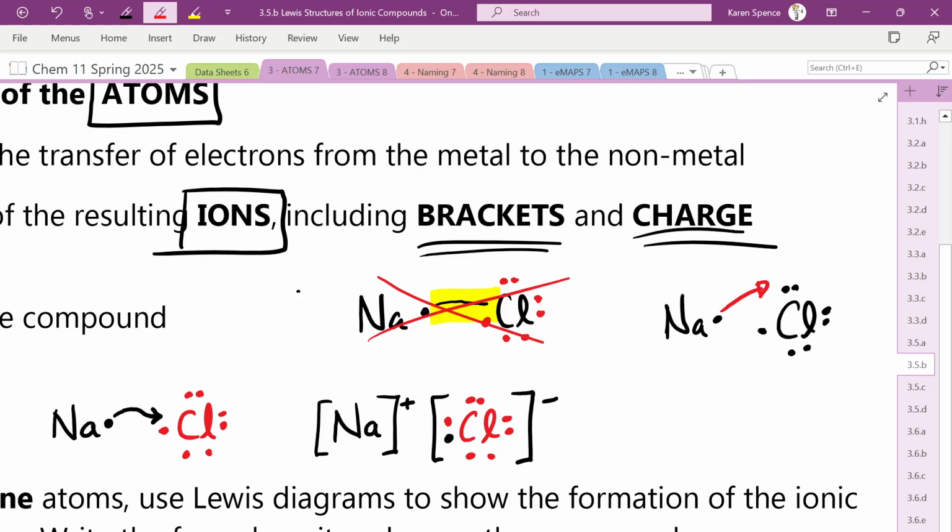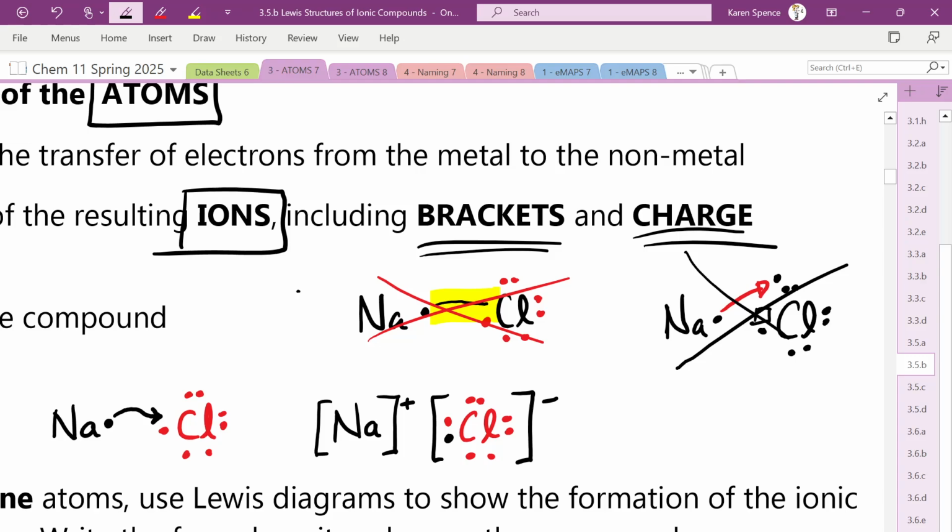Is it going into the gap? Is that electron going into the gap? Right there. No. You need to show it going into the gap, right? It should be going right here, but it's going up here somewhere. Is our electron going to end up there? No. So don't draw it going up there. Okay? Don't do that.